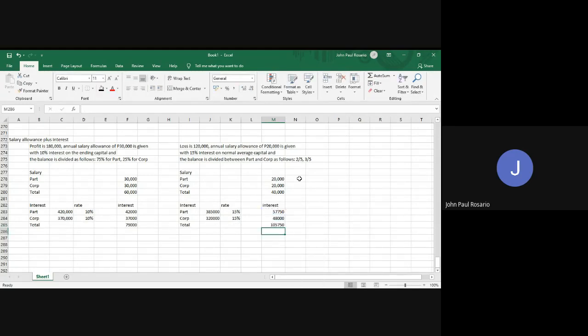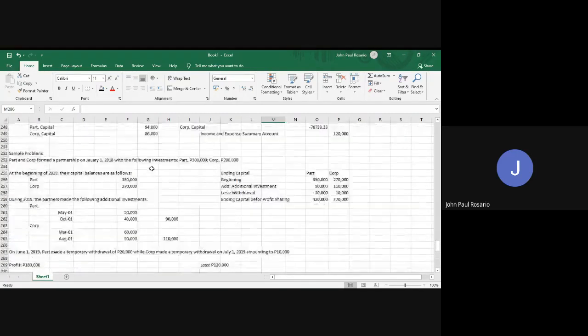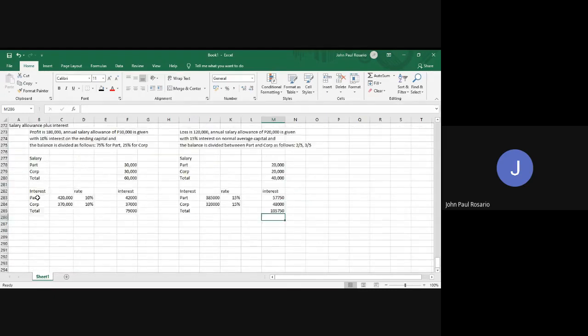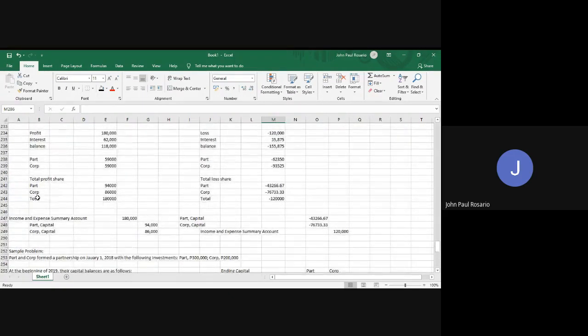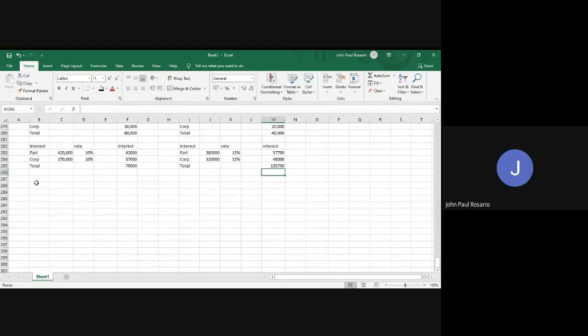So the next thing is the division of the remainder. How much is our balance? Total profit share. Our balance, profit, is equal to 180,000.